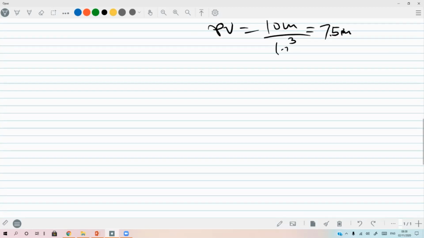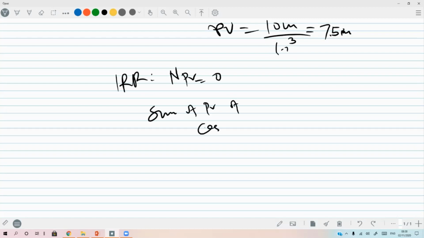At the IRR, the NPV is always equal to 0. In short, the sum of the present value of cash flows to be earned over the life of the project is equal to the initial cost.